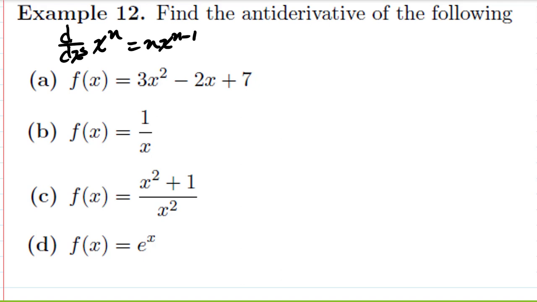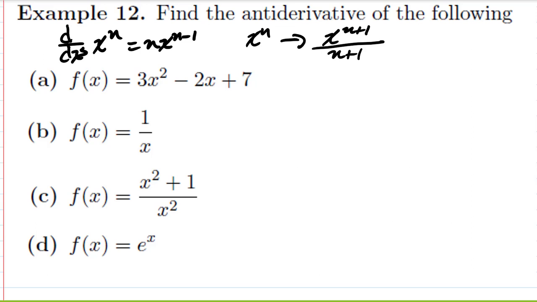If we use that rule backwards, the antiderivative of x to the n would be the opposite. To take the derivative, we brought the exponent down in front and subtracted 1 from the exponent. The opposite is we are going to add 1 to the exponent, so x to the n plus 1, and then instead of multiplying by the exponent, we are going to divide by it.